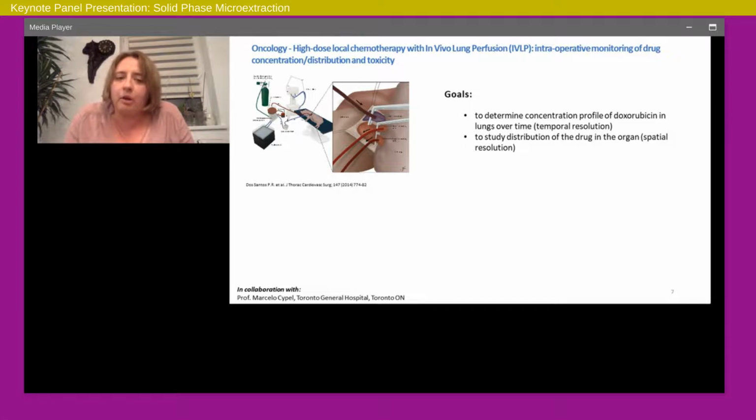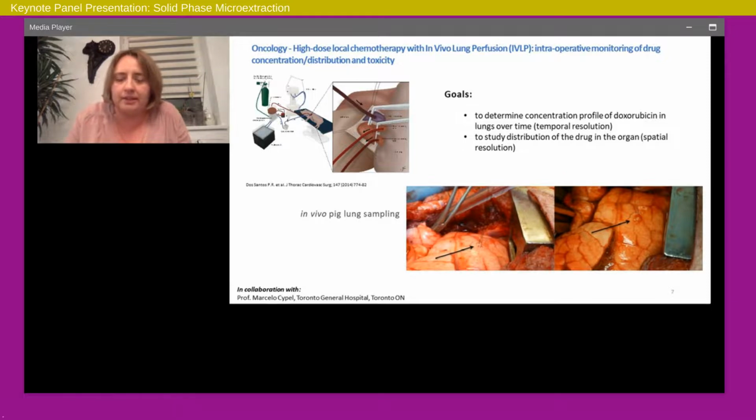The problem that the clinicians had was knowing the concentration of the drug, because they cannot do that many biopsies over the period of this perfusion. So we were inserting the fiber into the lung, as you can see here. The arrow points to 3 fibers located in one of the lobes of the lung, on the left side of the picture.